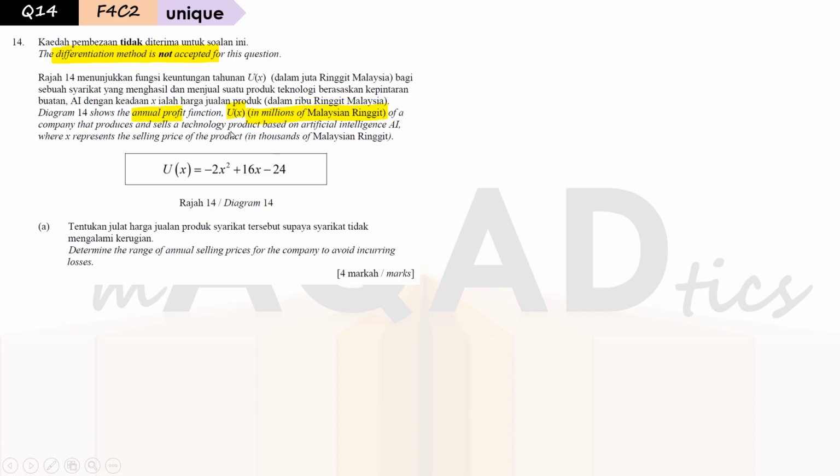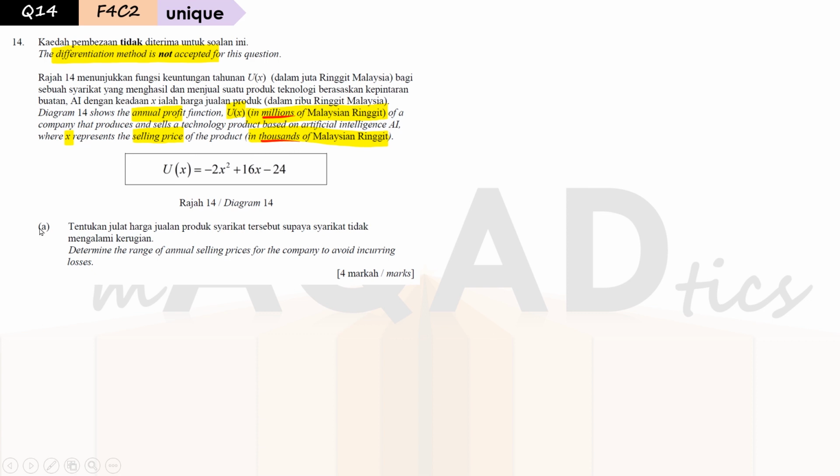This function calculates the profit, and notice that it is in millions. This x represents the selling price of the product and it's in thousands of ringgit. So please take note, yeah, the units here are different. U of x is millions, x is thousands.